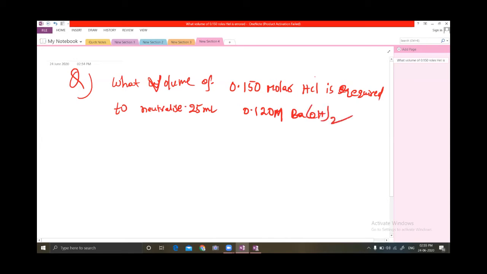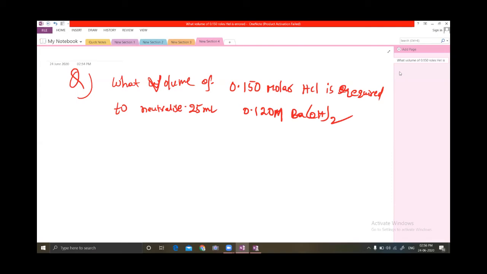Doesn't matter what they have given, just use the concept: gram equivalent number of 1 equal to that of 2. Whatever they have given doesn't matter here, sir. Just equate first. Yes, you can convert to ml.